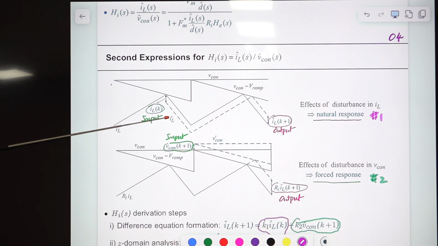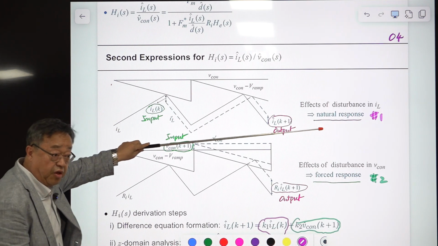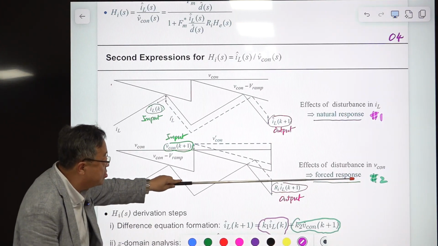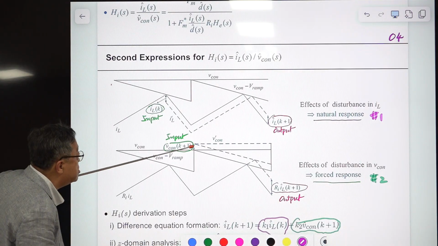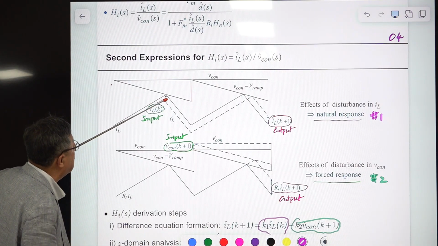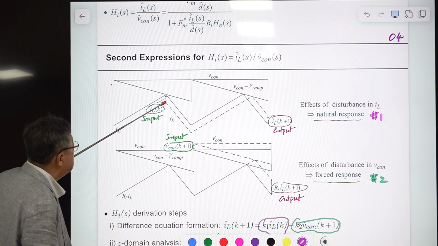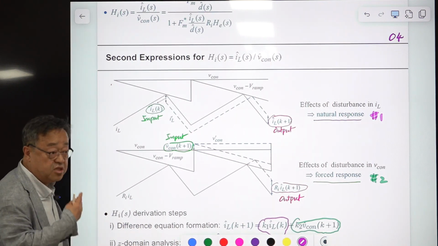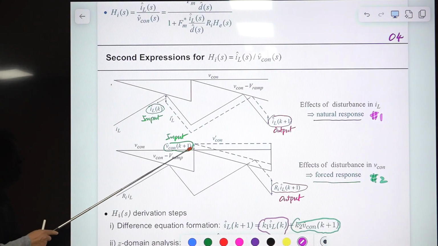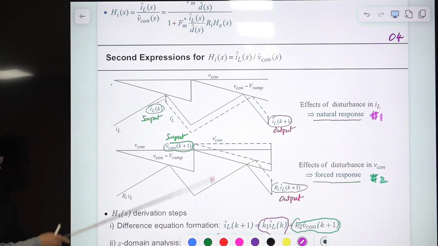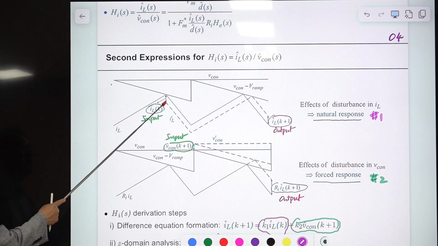This one is called the natural response, and this one is called the forced response, the forcing function. And this is the state disturbance. The disturbance itself is coming in the circuit component. Here, the disturbance is coming in this control waveform.